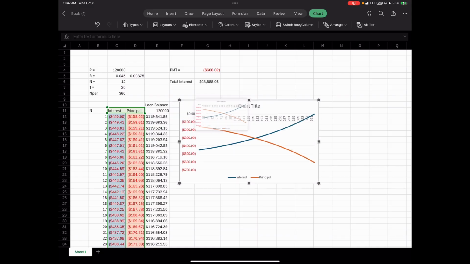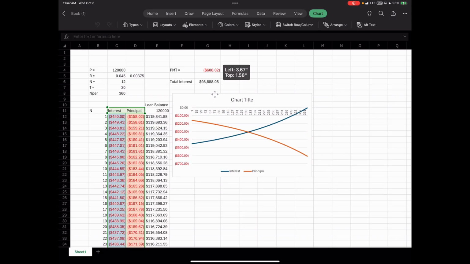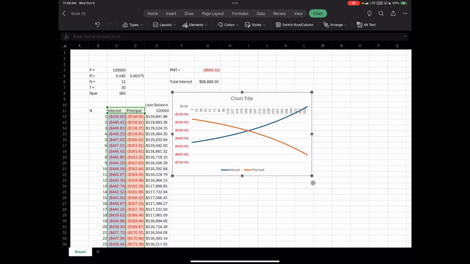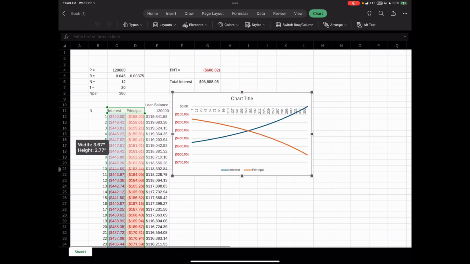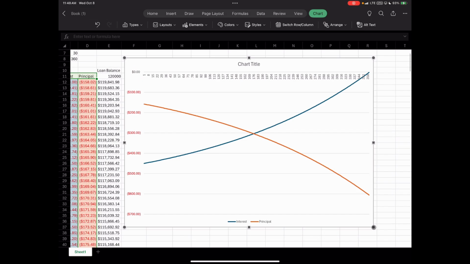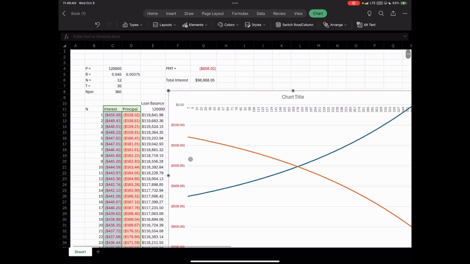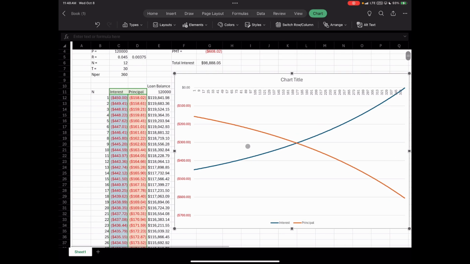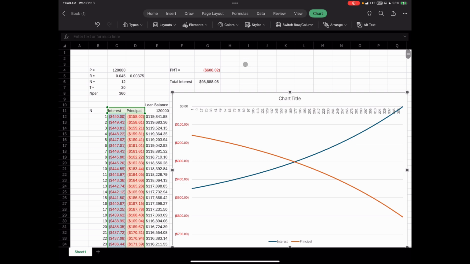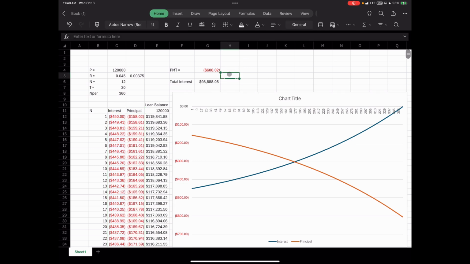I want to move this around on my screen and make it a bit smaller, so I can actually have everything on the screen at once.